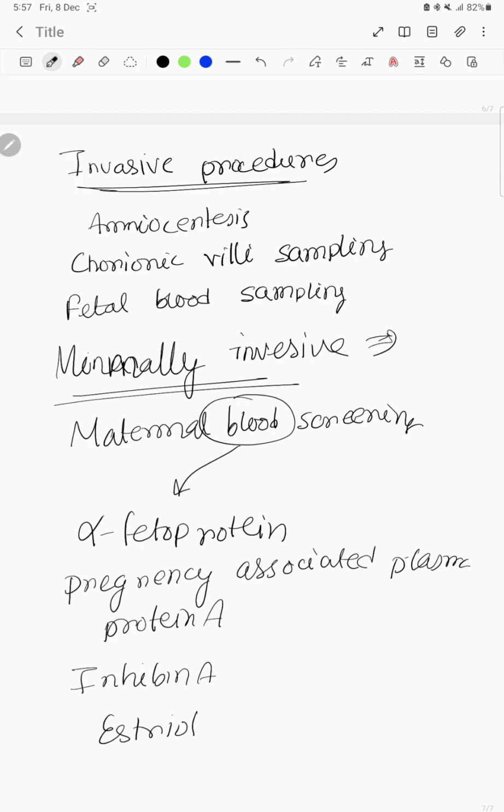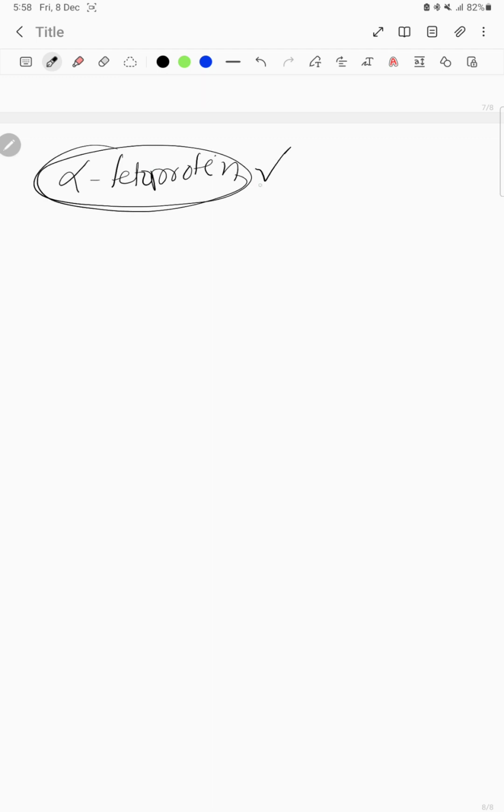Now if maternal blood contains alpha fetoprotein, then it suggests that there is a defect in the fetus, because alpha fetoprotein is a major protein in fetal circulation.